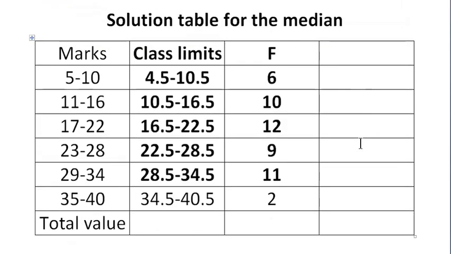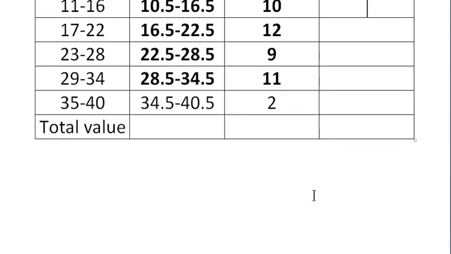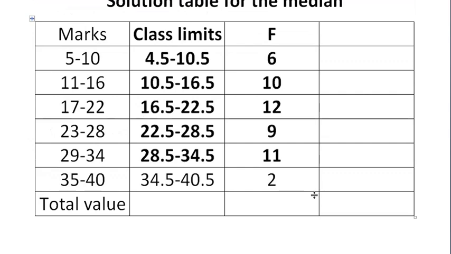Okay, now what do we do next? The next thing to do is, let's just make use of this column by putting the cumulative frequency, CF. CF represents the cumulative frequency, which starts from 6.